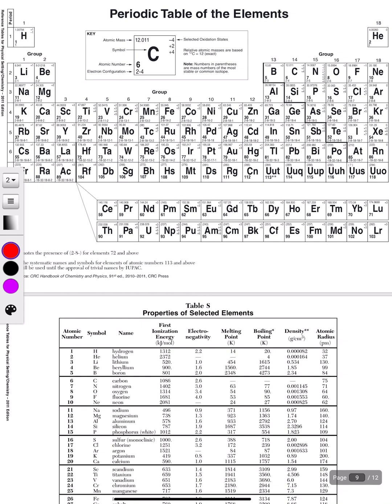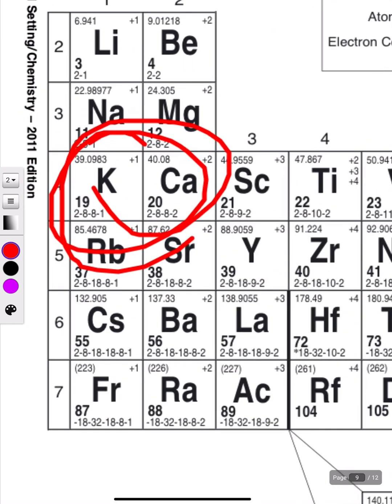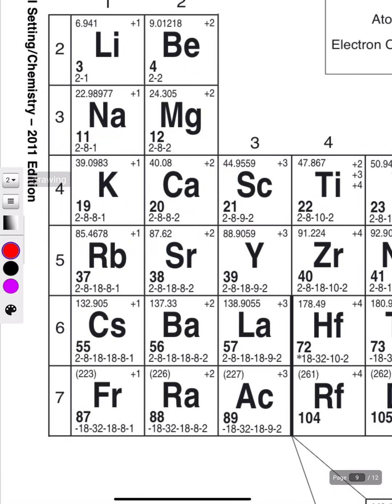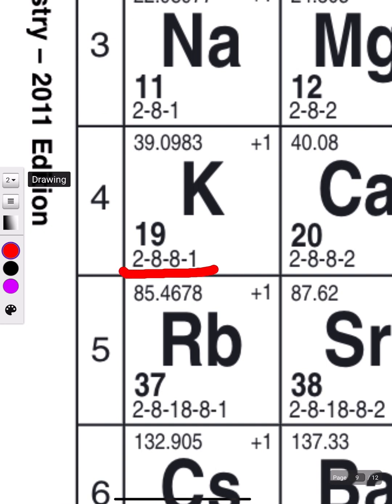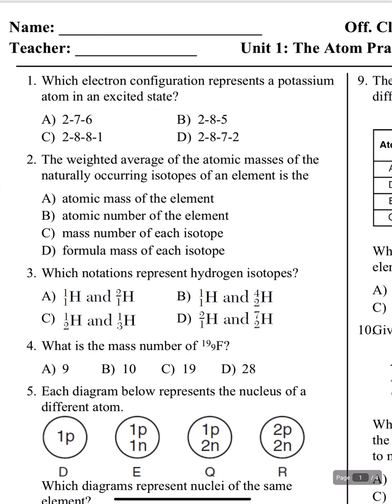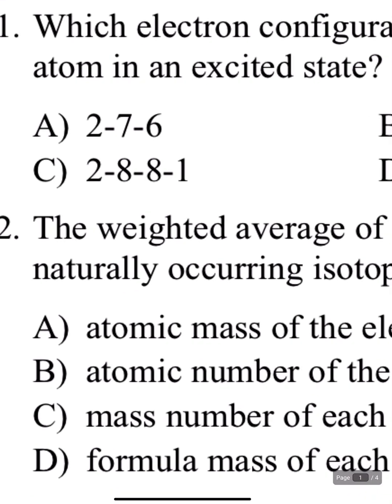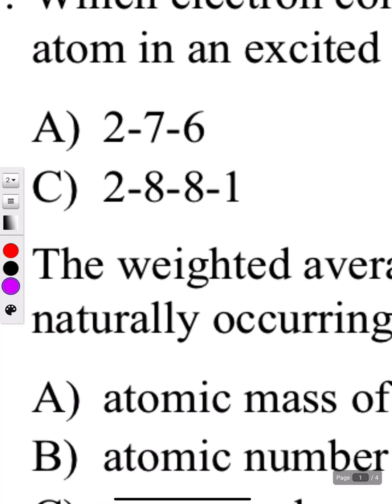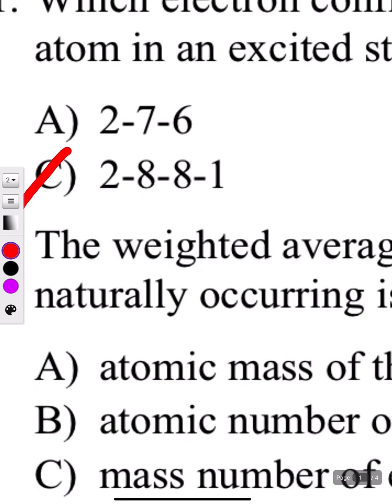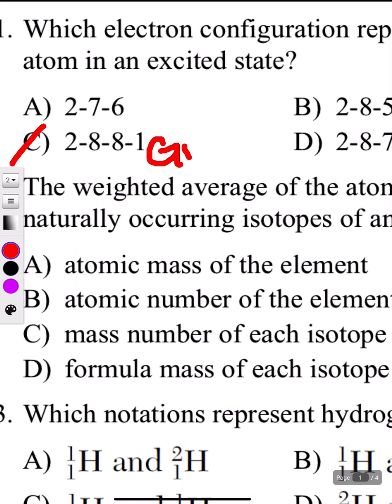I'm going to find potassium over here, the K, and the electron configuration of potassium I'm seeing is 2881. So if I go back to my question, 2881 is option C. So I am going to cross that out because that is my ground state. That is not excited, so I can do that.